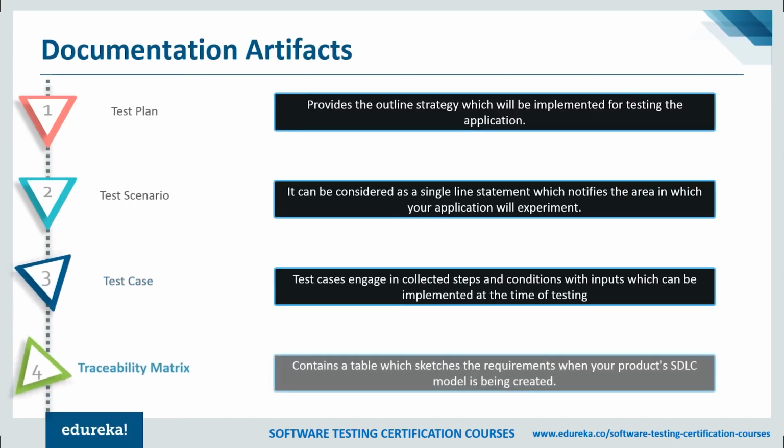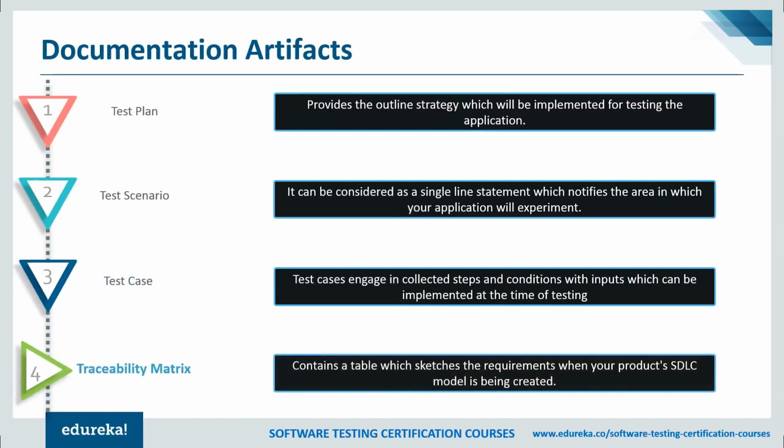Now the last artifact that we have is the traceability matrix. It is also known as the requirement traceability matrix, and it contains a table which maps the requirements when your product's software development lifecycle is being created. This documenting artifact can be used for forward tracing, which is going from designing, or for backward tracing as well, which is the reverse of forward tracing.